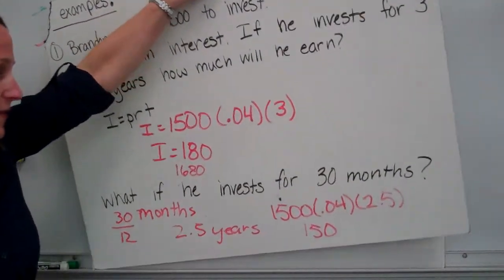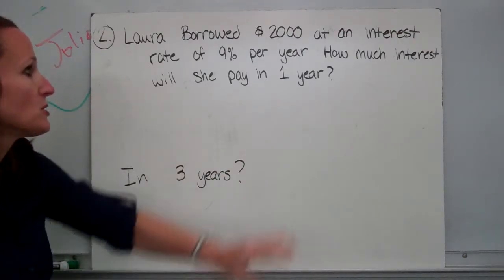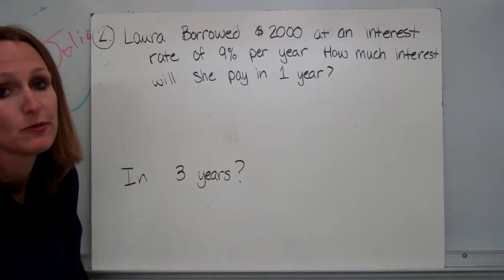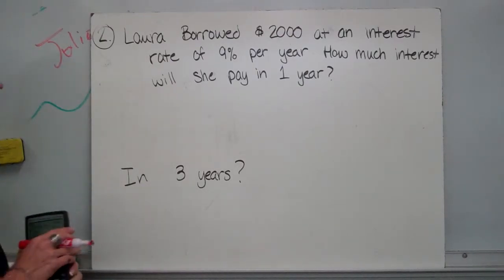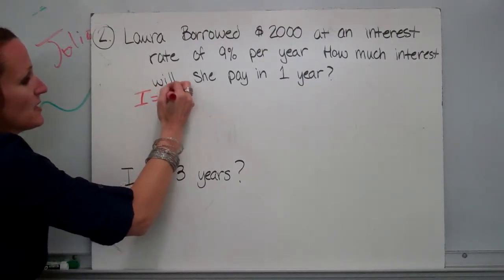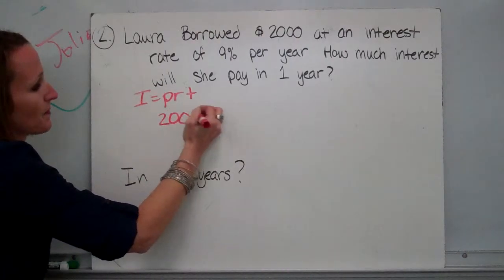Okay, so let's look at another example. This time, we're borrowing money. She's borrowing a greater amount at a higher interest rate. What do you think is going to happen? So again, our formula is still I equals PRT. Our P is 2,000.